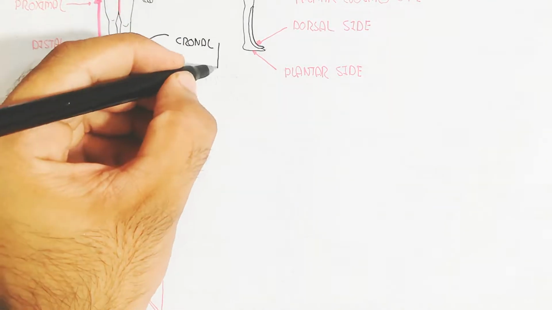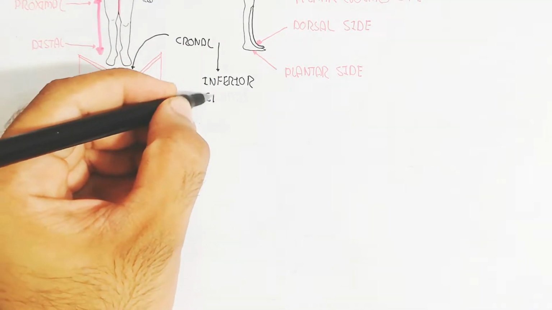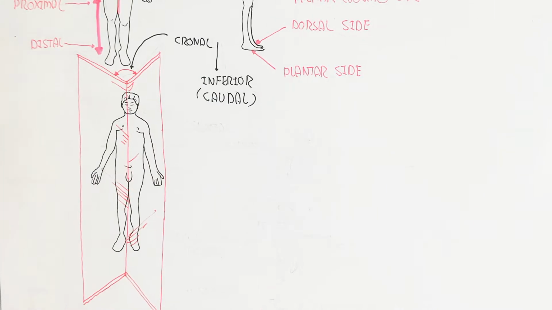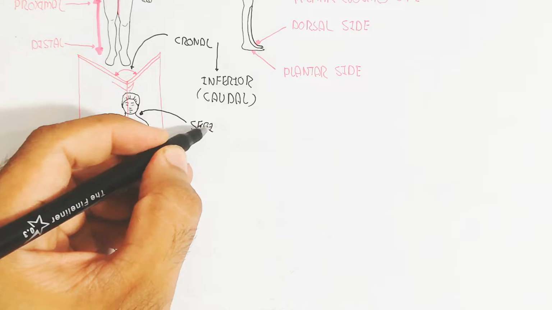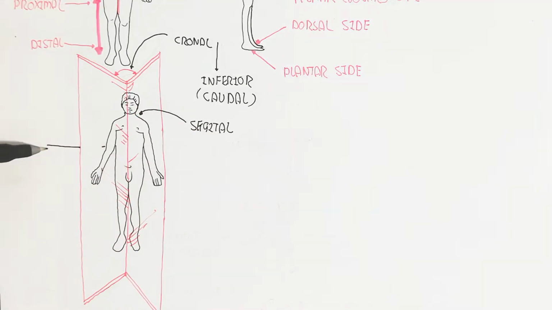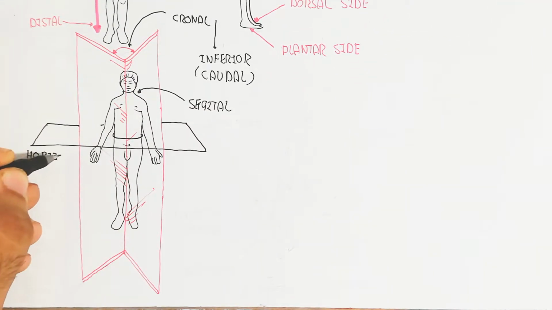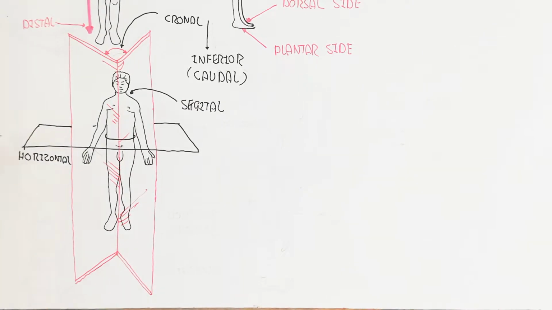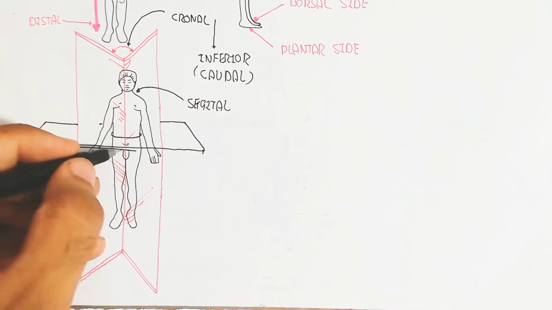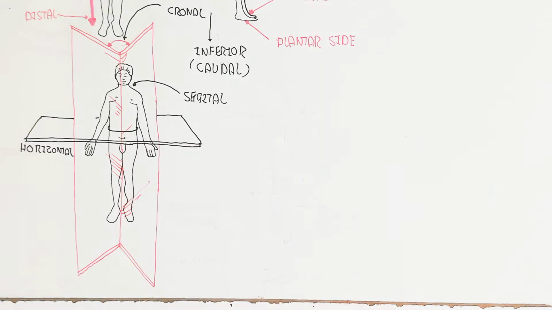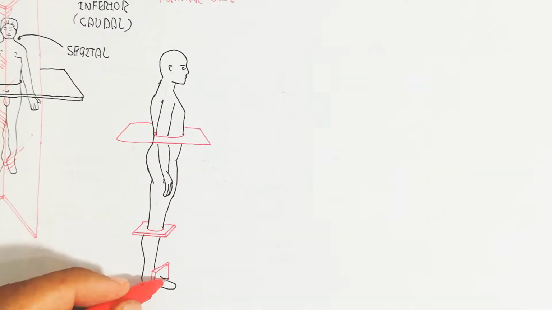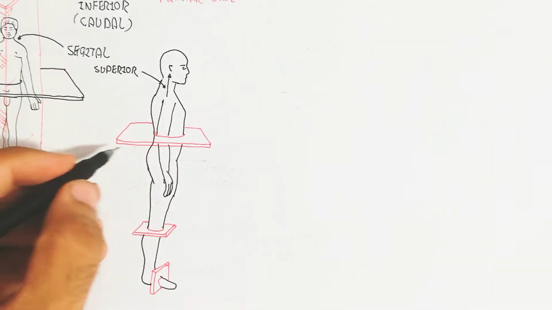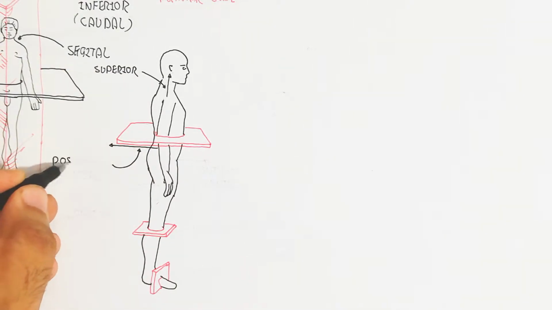The coronal section shows a lot of information. On the other hand, going down is the inferior or caudal side. Here you can see the horizontal plane and the median plane, which you can understand as basically the medial. This is the sagittal plane, the side plane.